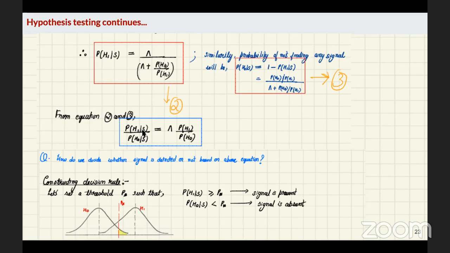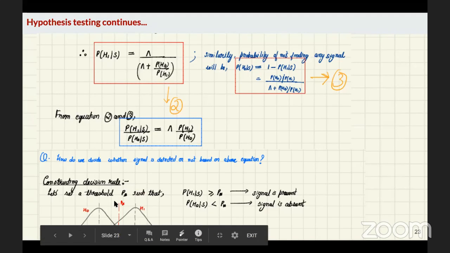Now we have calculated the probability of hypothesis 1 being correct over the other. But how do we know that this is the correct one? The probability distribution for hypothesis H0 is this, as you can see at the bottom. And hypothesis 1 being correct has the probability distribution of this. So what we do is put a bound.